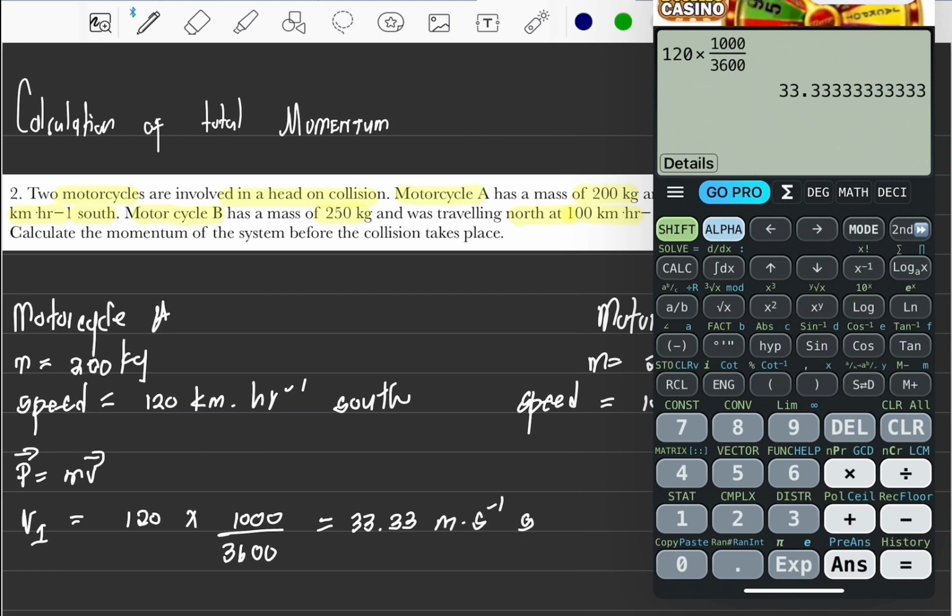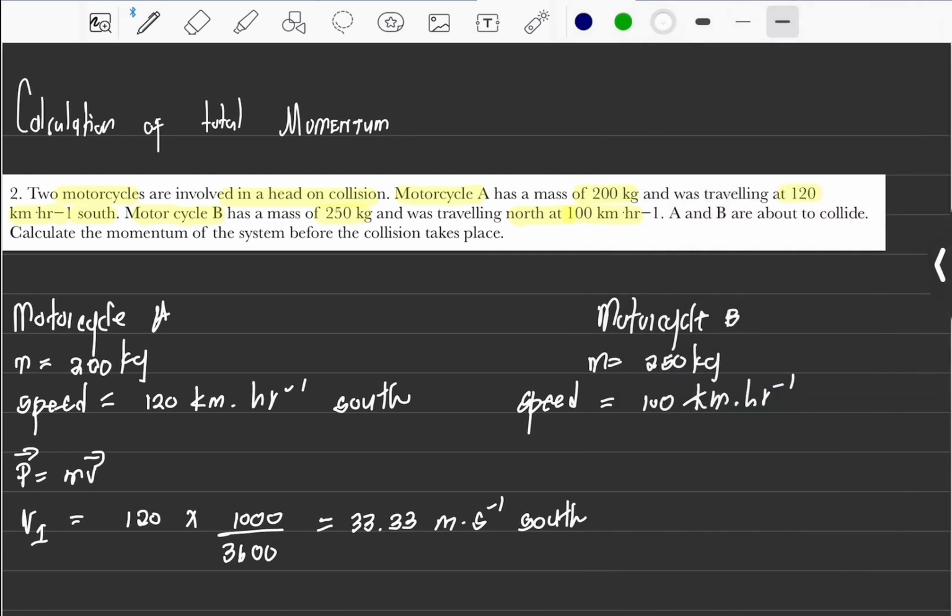To which direction? South. It's very important that you always write your direction.